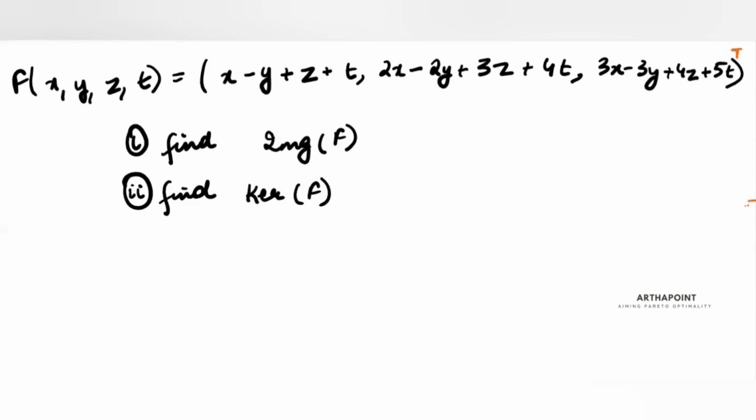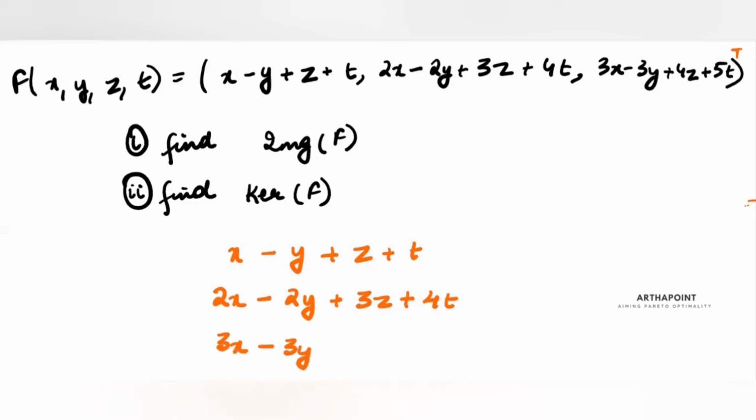I can write it like this: x minus y plus z plus t, 2x minus 2y plus 3z plus 4t, 3x minus 3y plus 4z plus 5t.